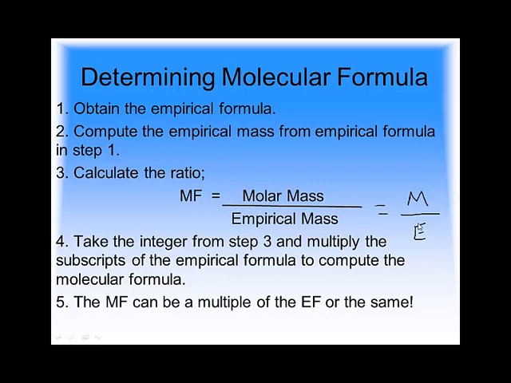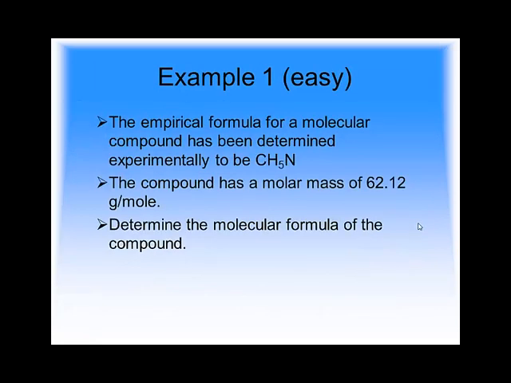So we're going to do an example. This is very easy. This is a problem that gives you the empirical formula, and it gives you the molar mass, or again, this could also be referred to as the molecular mass. And we are going to just figure out the molecular formula of this problem.